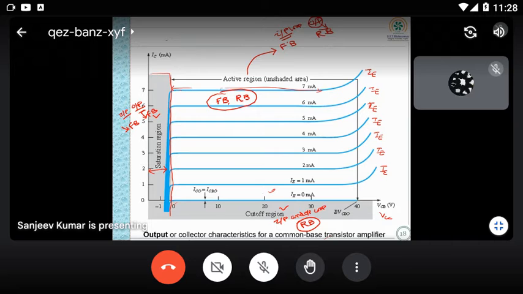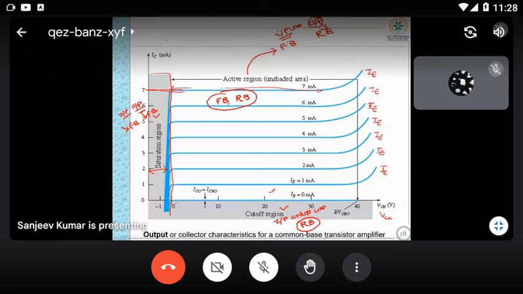But why are we going for active region? Because you can see this behavior of output. Your output current IC is constant over this region. So then you can see this amplification. If you take output current by input current, you get a constant factor. So that's why this region is used for amplification.